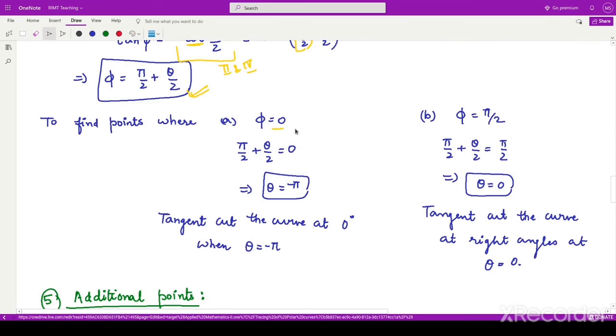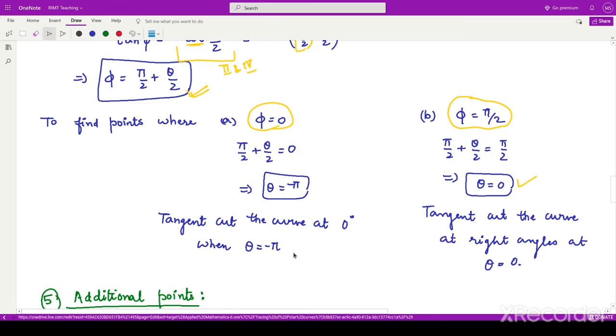Next, we can check at which points this phi is 0. If I substitute phi equal to 0, what points of theta do I have? And if I substitute phi equal to pi by 2, what are the theta values? When phi is 0, pi by 2 plus theta by 2 is equal to 0, so from here you get theta as minus pi.